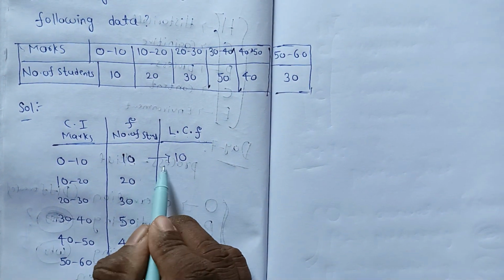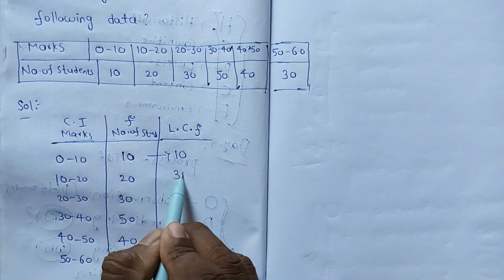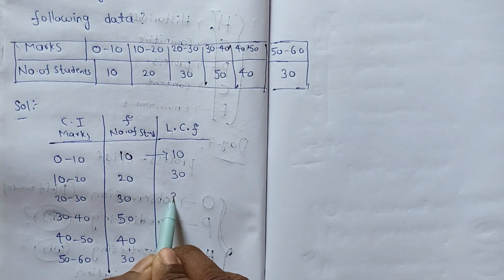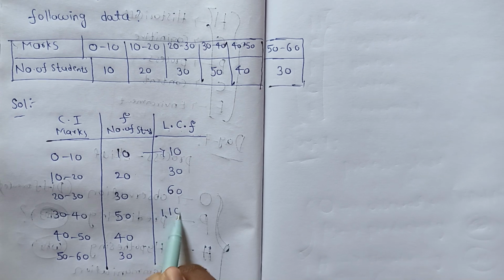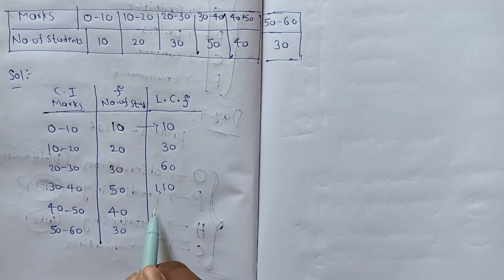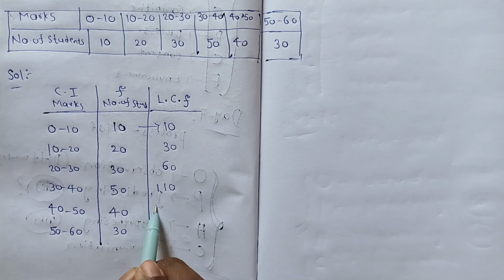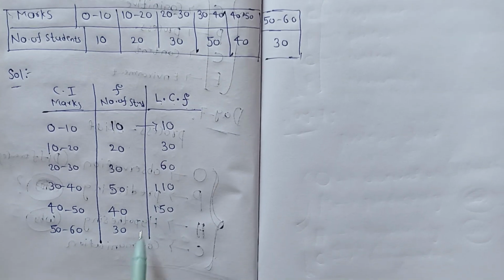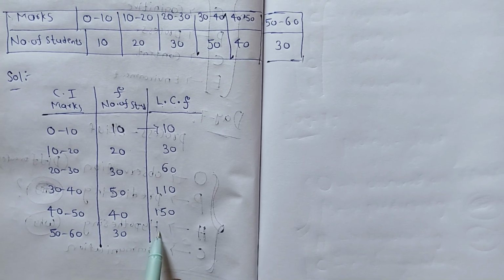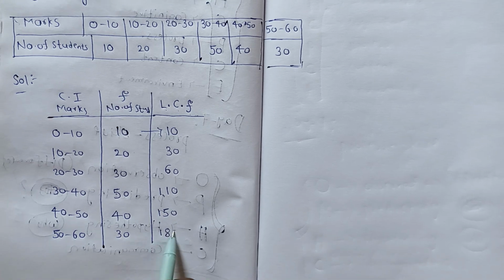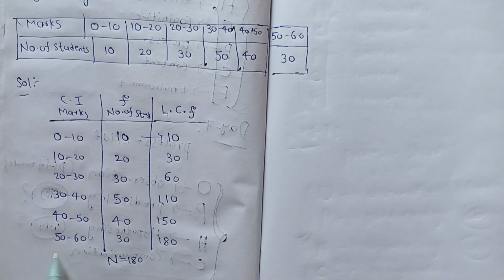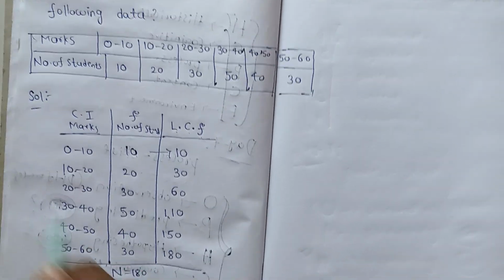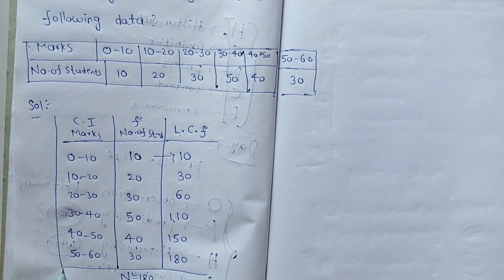You have to add this 20 to this 10, so that will become 30. 30 plus 30 is 60. 60 plus 50, 110. 110 plus 40, 150. 150 plus 30, 180. So here our capital N will also be 180. This is the less than cumulative frequency calculation.